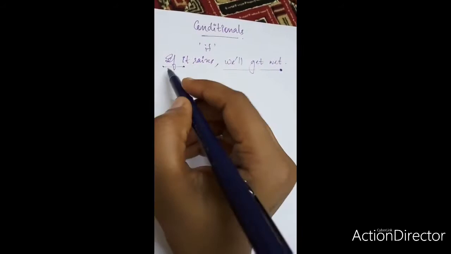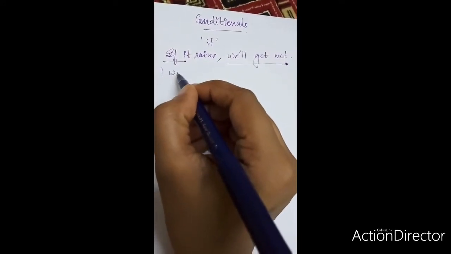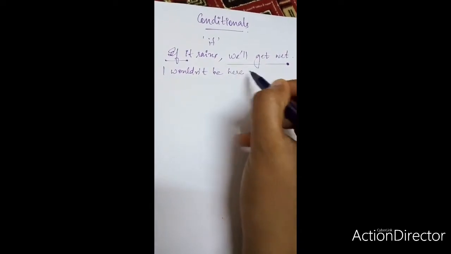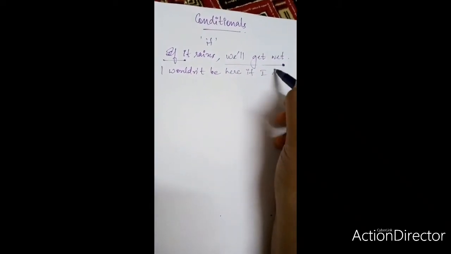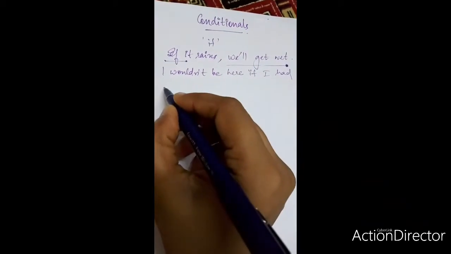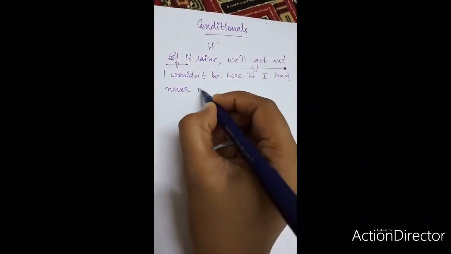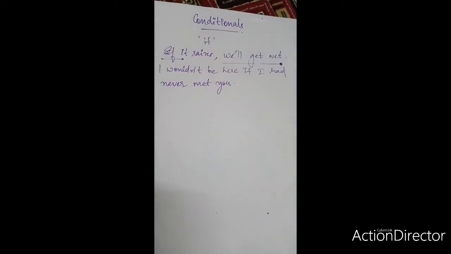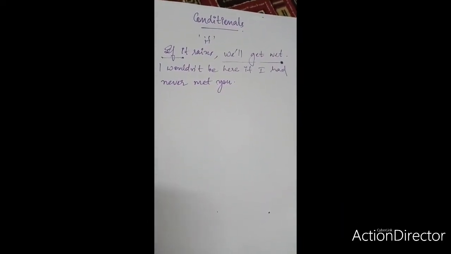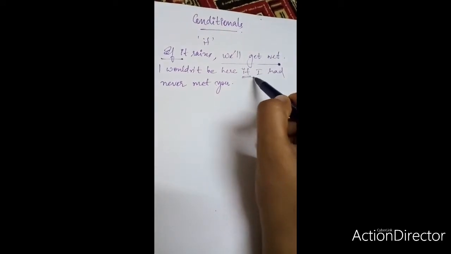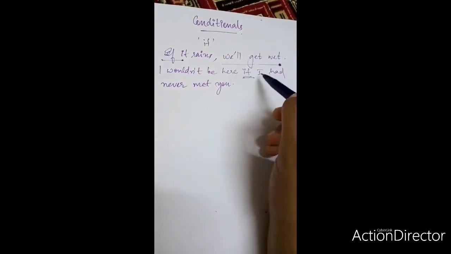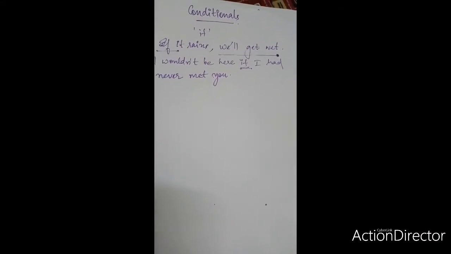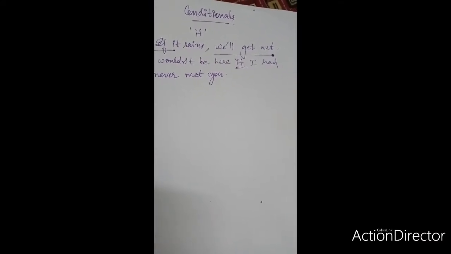Another example. I wouldn't be here if I had never met you. So the if sentence is there, that divides the one sentence into two parts, the possible situation and the consequence part.